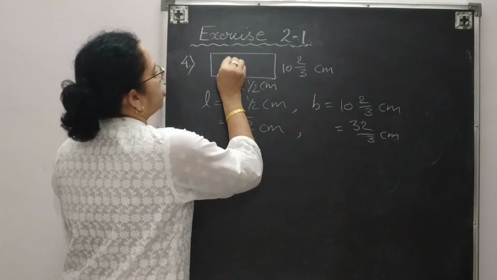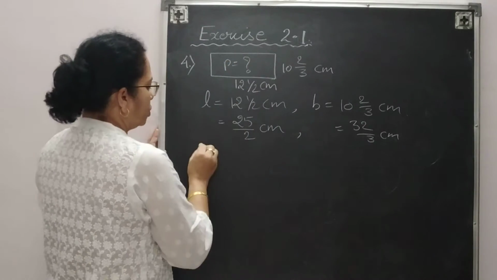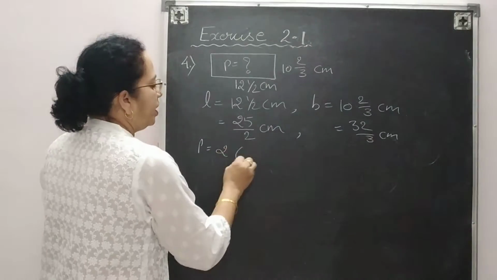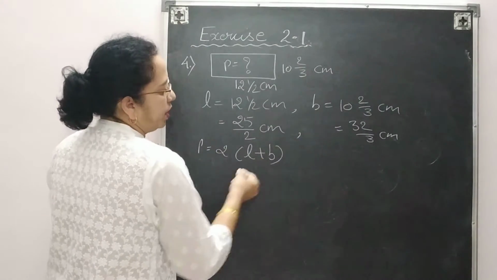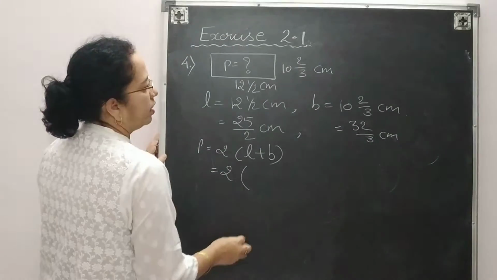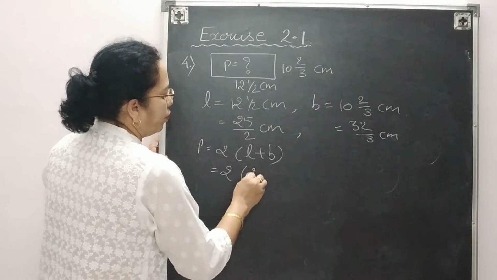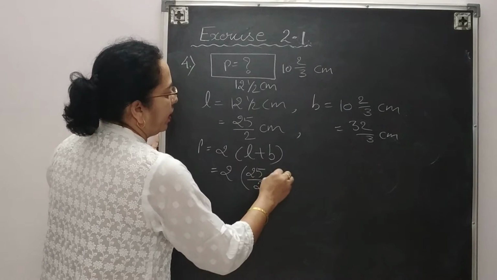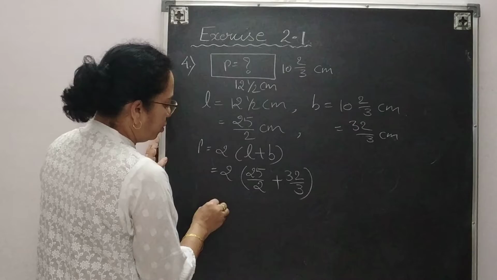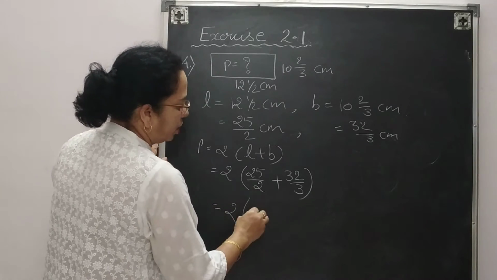And here you are supposed to find perimeter. So what is the formula for perimeter of a rectangle? 2 in bracket L plus B. Writing formula is very important. Just substitute the values here. Length is given here now 25 by 2 and breadth is given 32 upon 3. You can see that your denominators are different. So you need to take LCM.